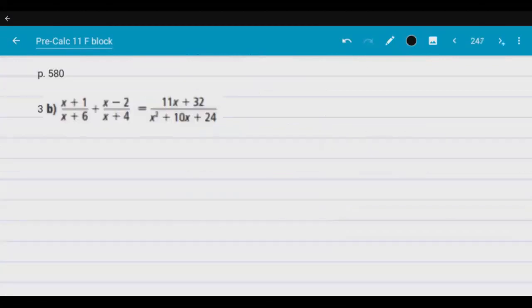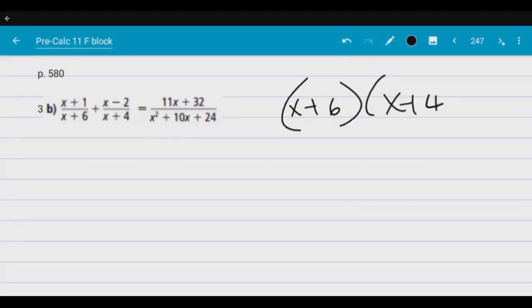Next one, B. Looks like a lot. Now guys, take it easy. Let's take a look at how we factor this. The question is, what would be this factor? So I think that would be x plus 6 times x plus 4. Hey, wait a minute.